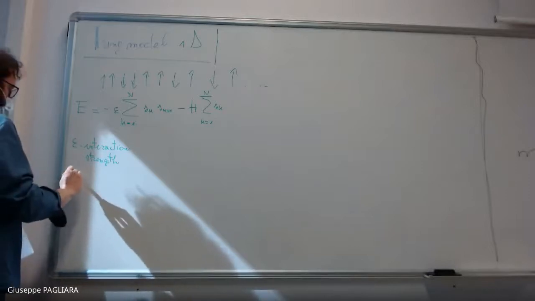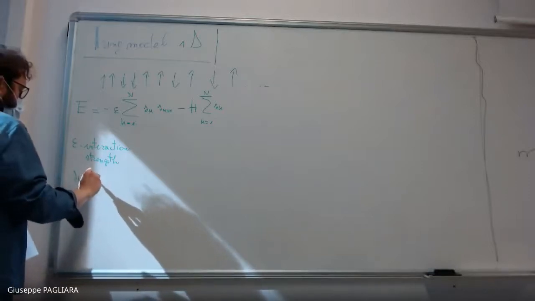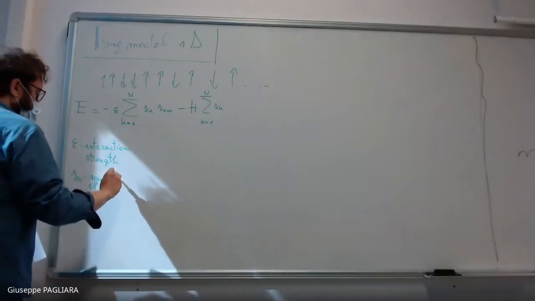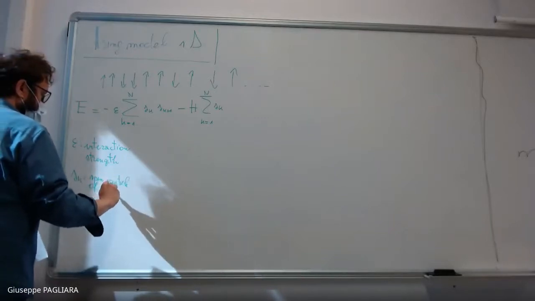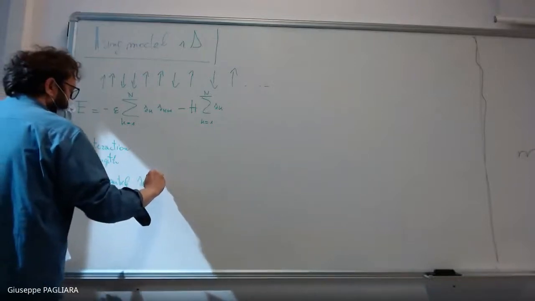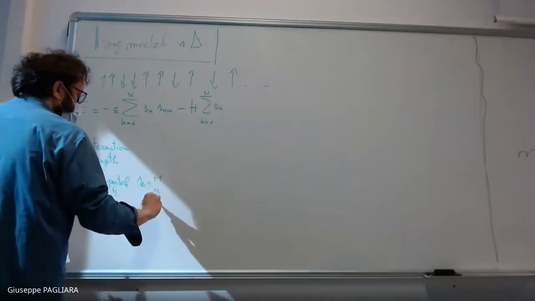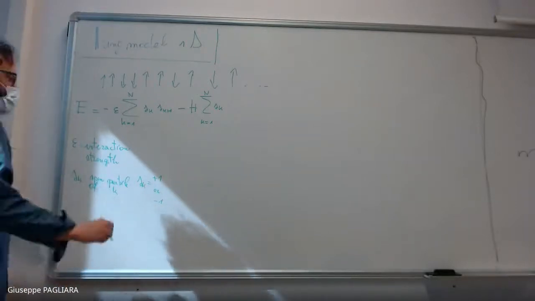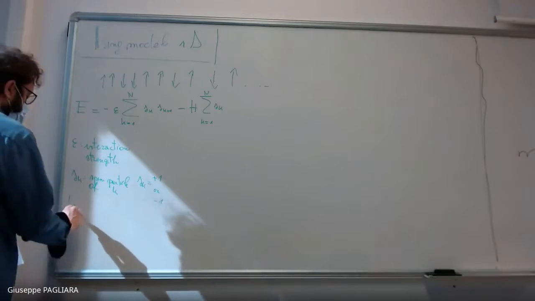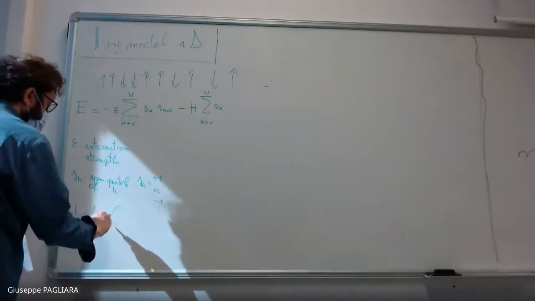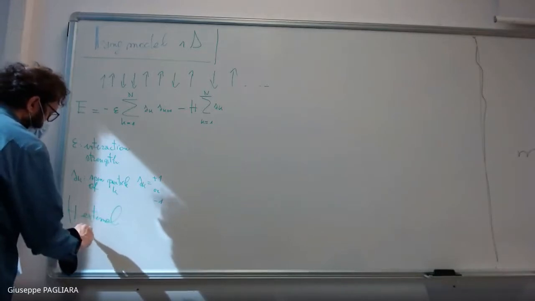Sk is the spin of particle k, and it can have two values, +1 or -1. And H is an external magnetic field.